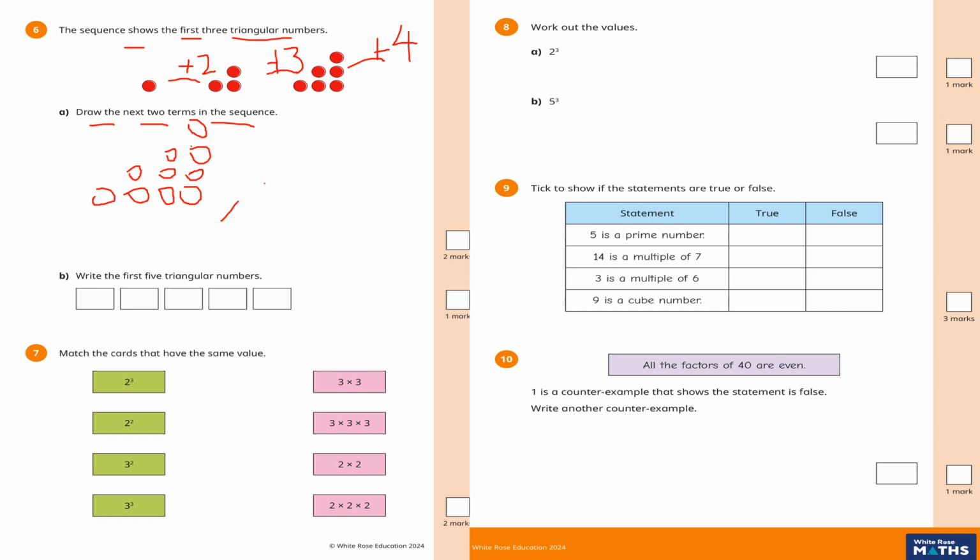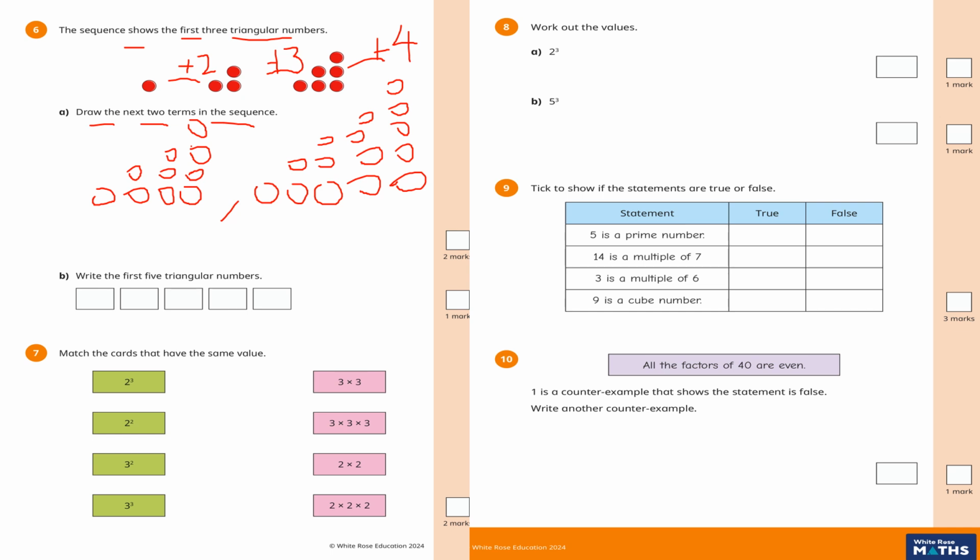And the next one, 1, 2, 3, 4, 5, guys, 6, 7, 8, 9, 10, 11, 12, 13, 14, 15. So that'll be my fifth term.